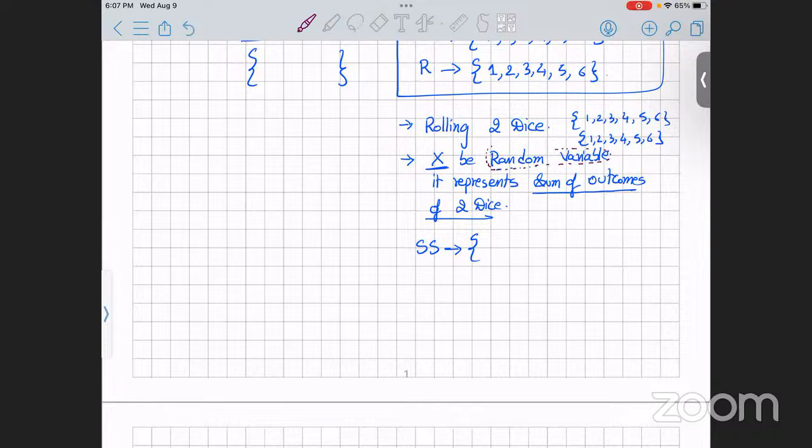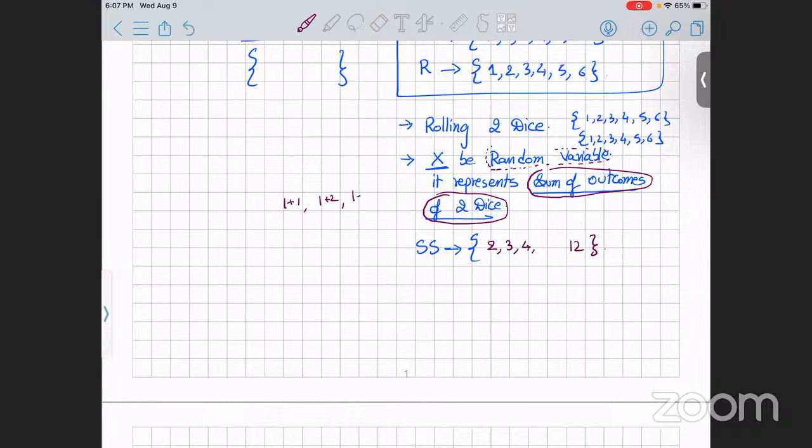Look, x is a random variable. It represents the sum of two outcomes of 2 dice. That means 1 plus 1 is possible, 1 plus 2 is possible, then 2, 3, 4, up to how many? 12. 6 plus 6 is 12, sorry.